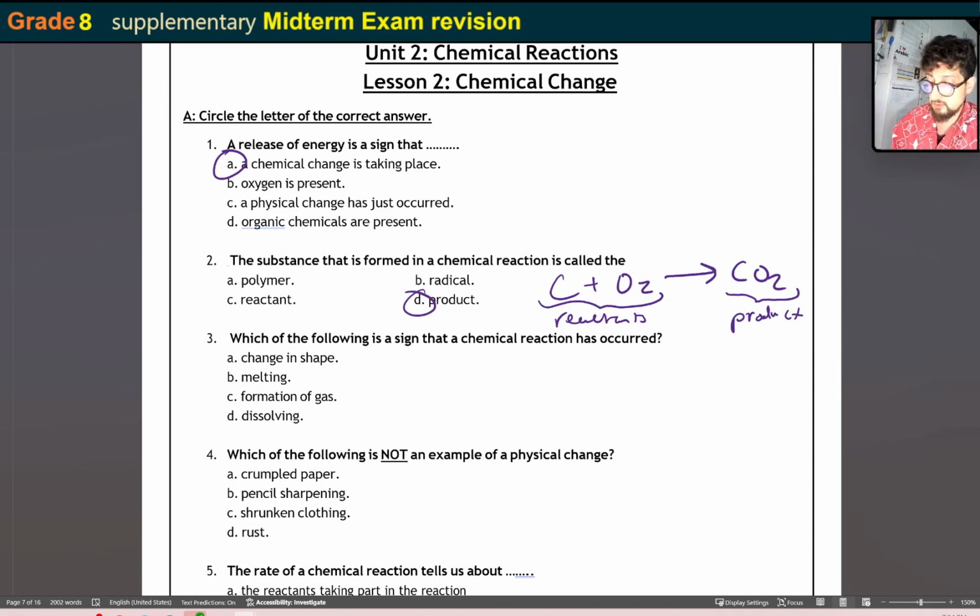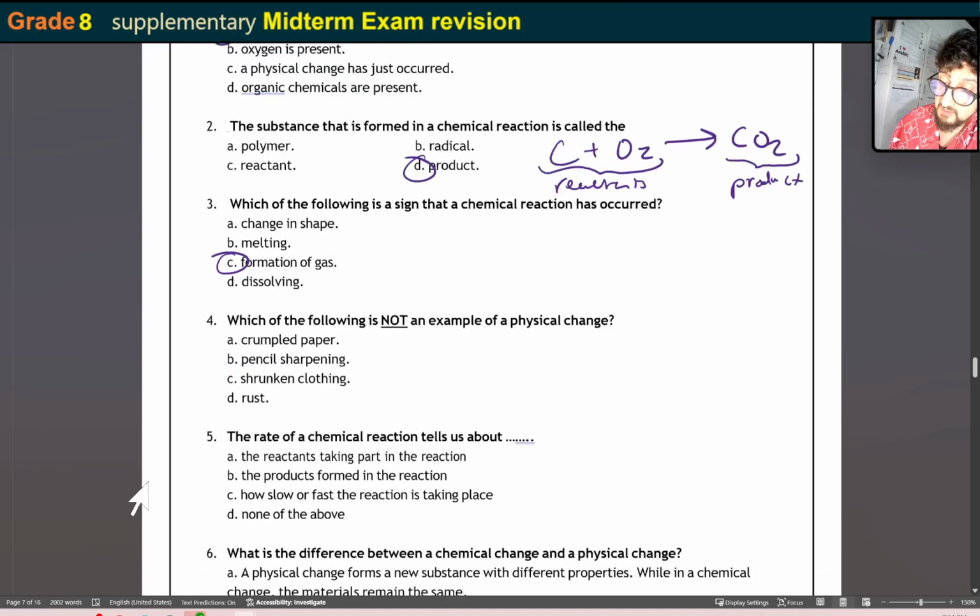Melting is not a chemical reaction either, because if you think about melting ice, well, we haven't formed a new substance. It's the same, it's just water. Dissolving, again, we haven't really formed a new substance. You can still retrieve the salt once you dissolve it in water. So formation of gas is the one they're looking for there as a sign of chemical reactions.